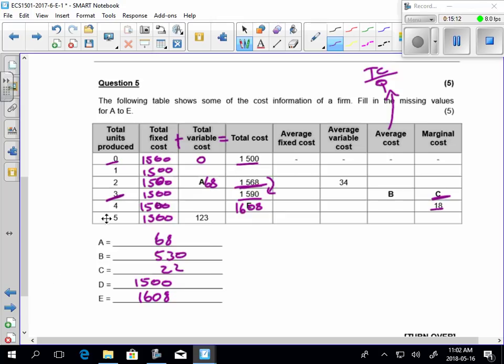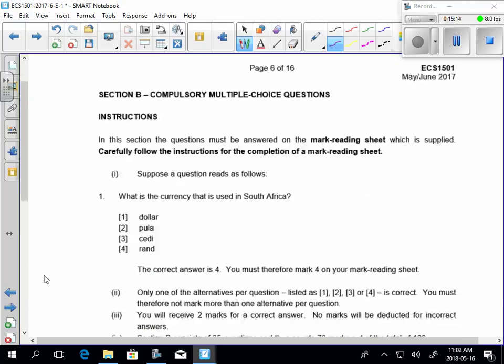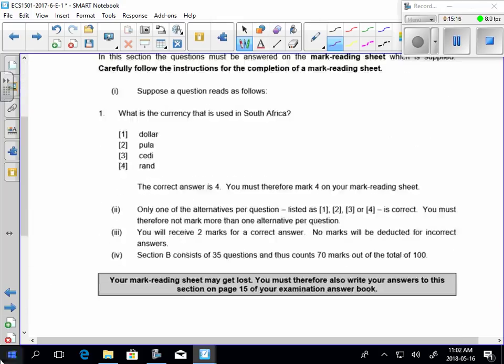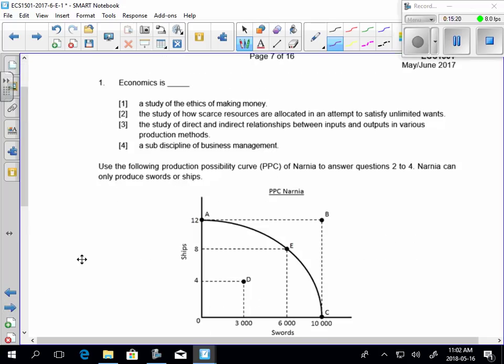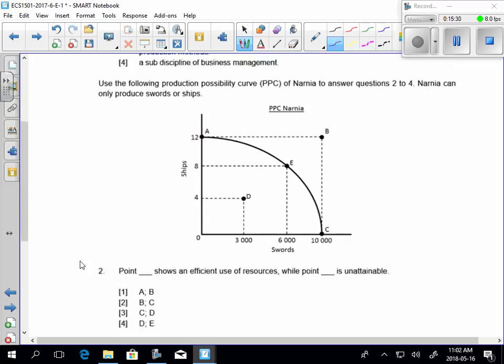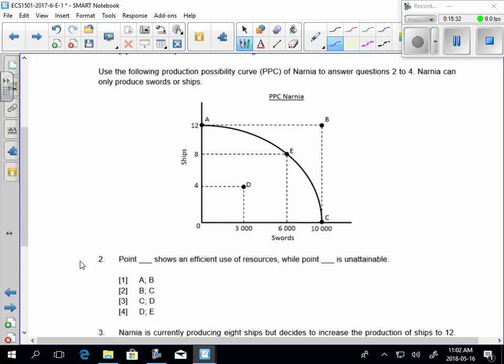Right, the multiple choice. Economics is the study of using scarce resources to satisfy unlimited wants. Question 2, given the following PPC curve, remember if you're producing on the PPC curve, you are efficient and attainable.